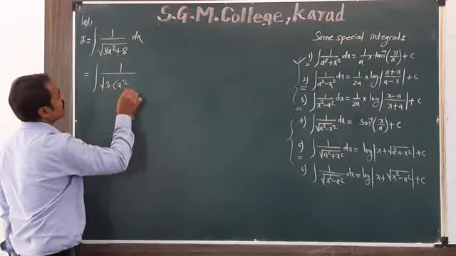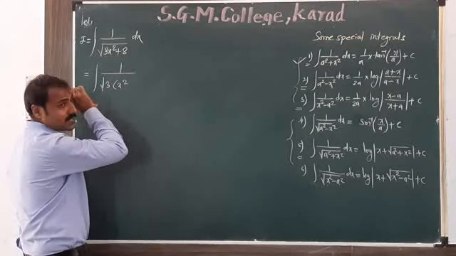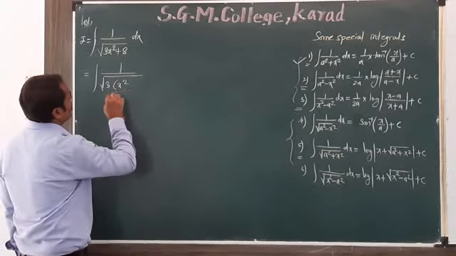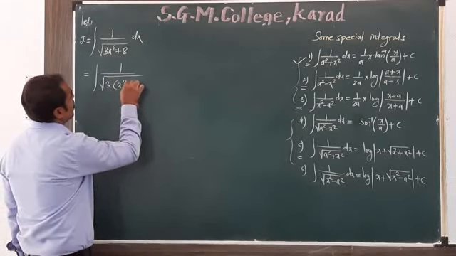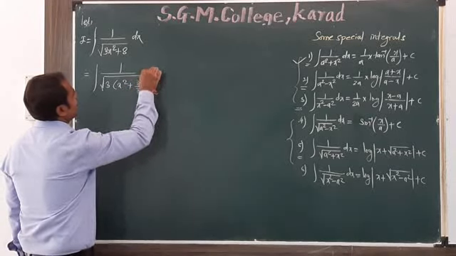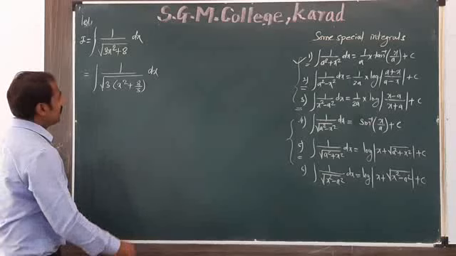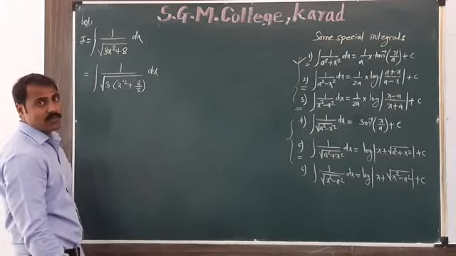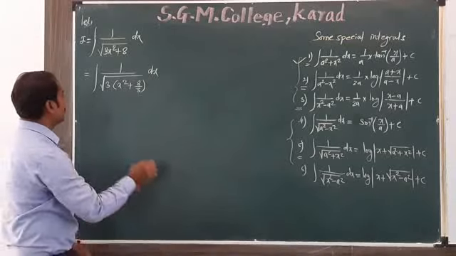So the integration becomes I is equal to integration of 1 upon square root of 3 into x square plus 8 divided by 3, dx. We know that root of m into n is root m into root n.